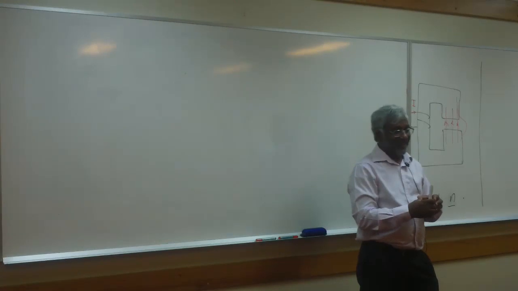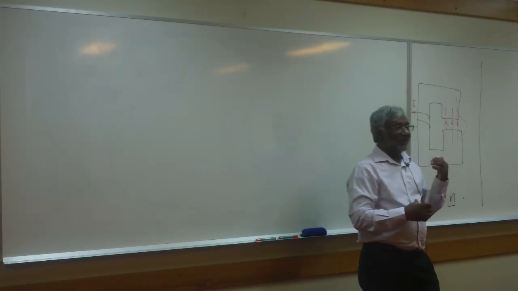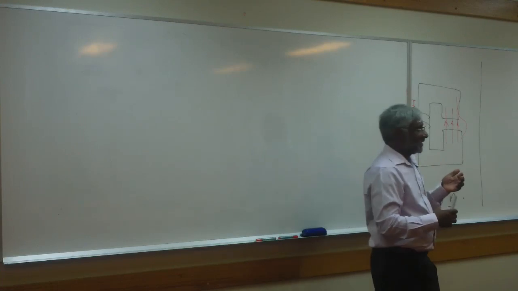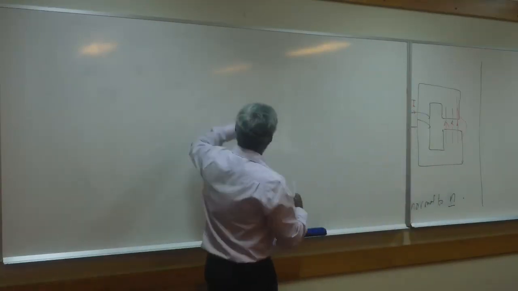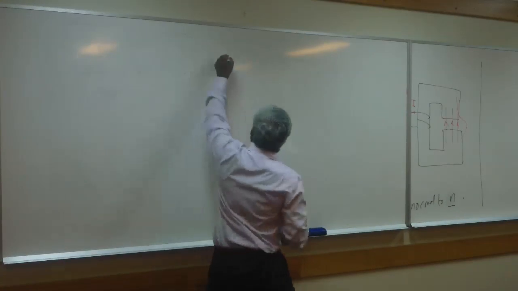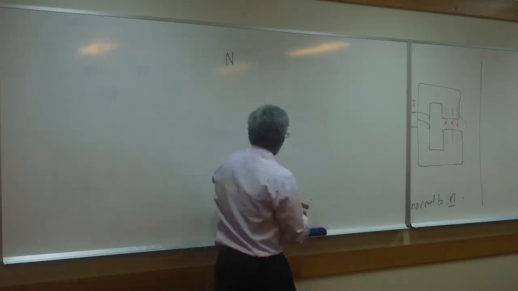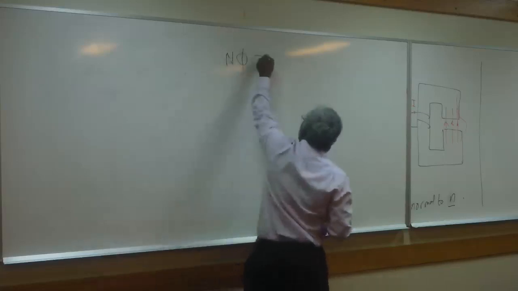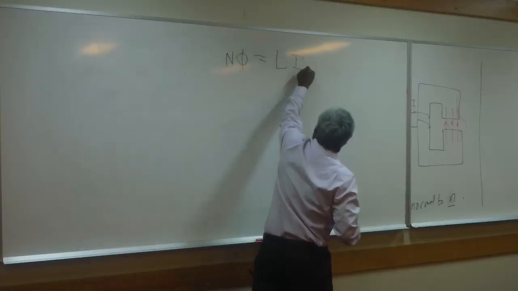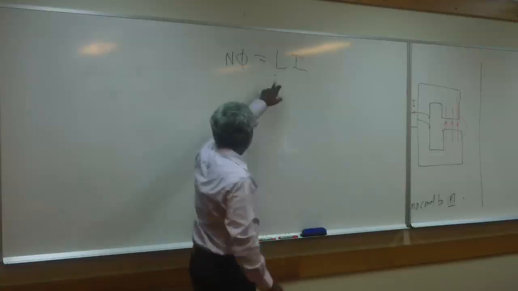You can only understand that if you understand what flux means and what flux density means, and also what this equation means, which we're going to look at now. So what we've said up to now, from the graph that was here, we are saying Nφ equals Li, that being the gradient.